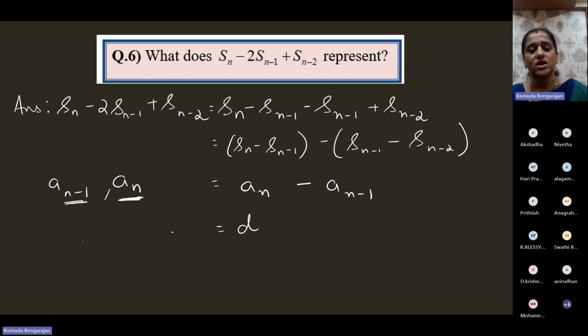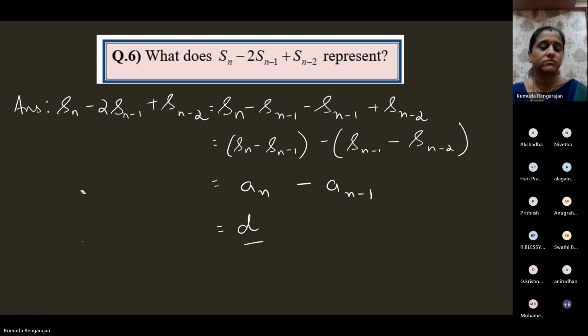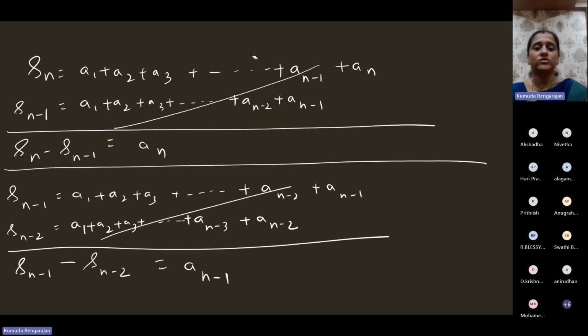Common difference. So An minus An minus 1 is a term minus its preceding term, which is the common difference. Yeah, you have to write down this also.